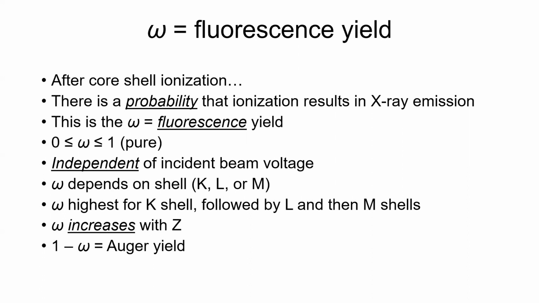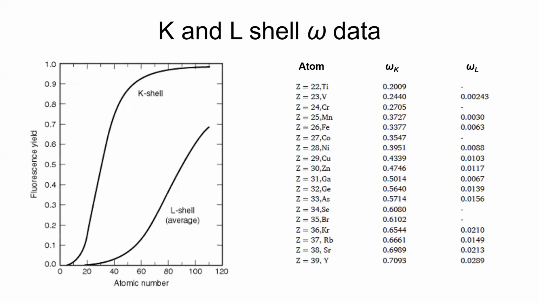It does have dependence on the shell. So your K shell has the highest yield, followed by L and then M. It also increases with Z, so your heavier elements tend to have higher fluorescence yields, okay? And then as a complement to the fluorescence yield, we can take 1 minus omega and we get something called an Auger yield, which we'll get into here in a second, okay?